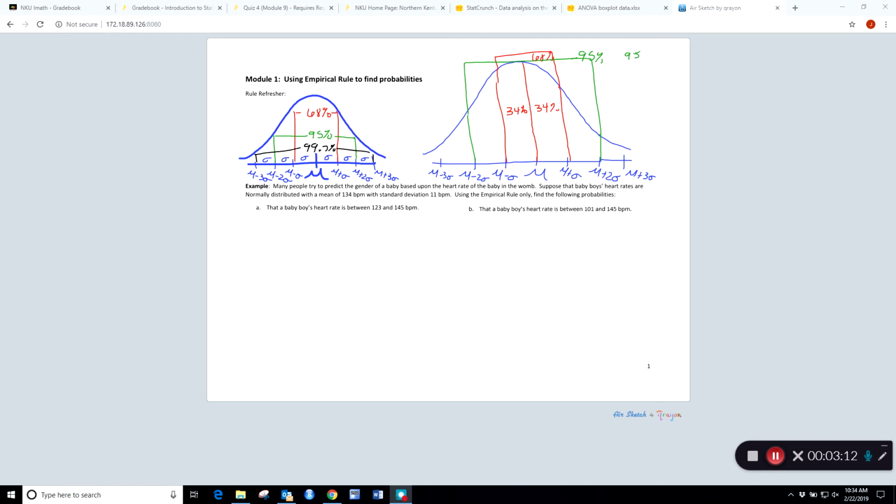If I take that 95% and subtract off that 68%, I'm left with just 27% to add in these 2 pieces. If I take half of that, which would be 13.5%, that's how much is in each of these 2 pieces.